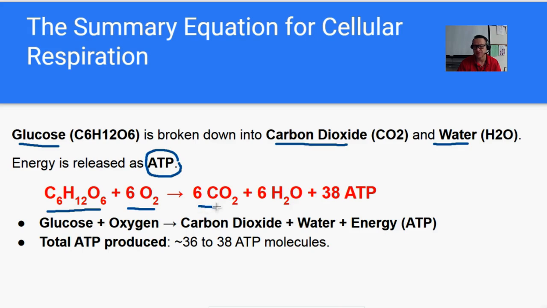This is why we breathe out CO2, because of cellular respiration. We also make 6 water molecules, but most importantly, we make 36 to 38 ATP molecules for every glucose. Once again, glucose plus oxygen, food plus oxygen, and we breathe out CO2. We make water in this process in our cells, but most importantly, we make around 38 ATPs.